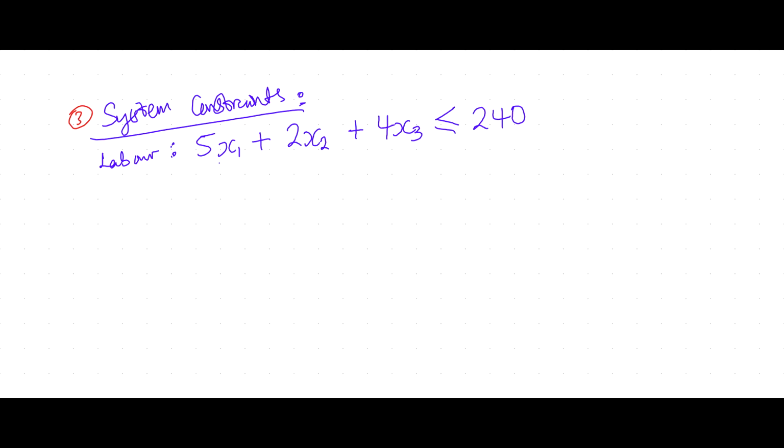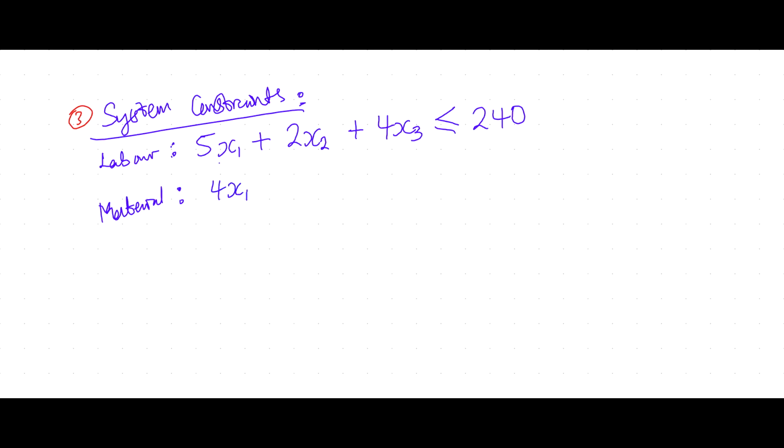Let's look at the second one, material constraints. For material constraints, we were again given that for product 1, we need 4 kilograms of material to produce 1 unit. For product 2, we need 6 kilograms, and for product 3, we need 3. Therefore, the total material needed to produce product 1 will be 4 times the decision variable x1.